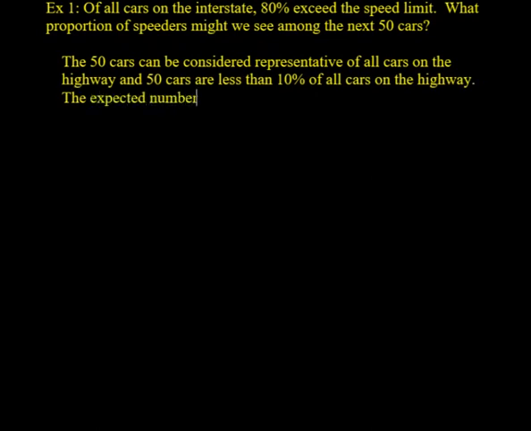The expected number of speeders, which will be 50 times 0.8, or sample size times the probability of a speeder, equals 40. And non-speeders, which would be the sample size 50 times the probability of a not speeder, 0.2, equals 10.